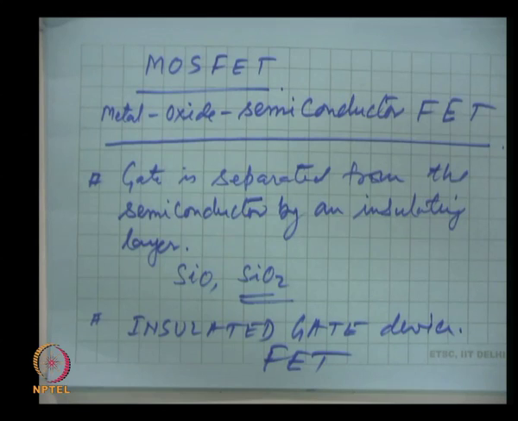We will see that there are two types of construction, and that means how, through the field induced from the gate through this insulating layer, the conductance of the channel is affected. The whole working depends on that, and there are two kinds of MOSFETs. One is depletion MOSFET.